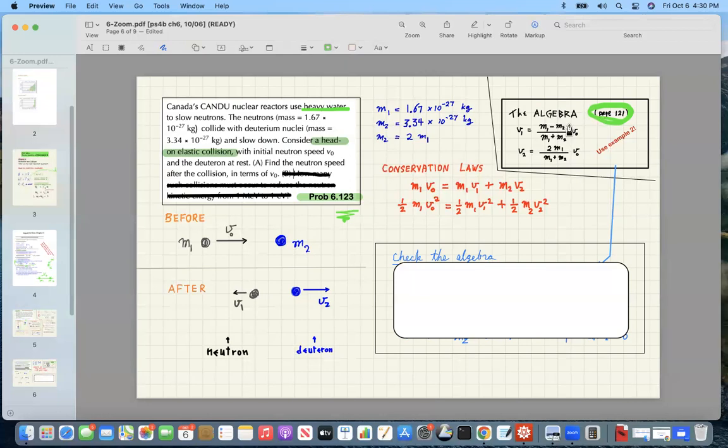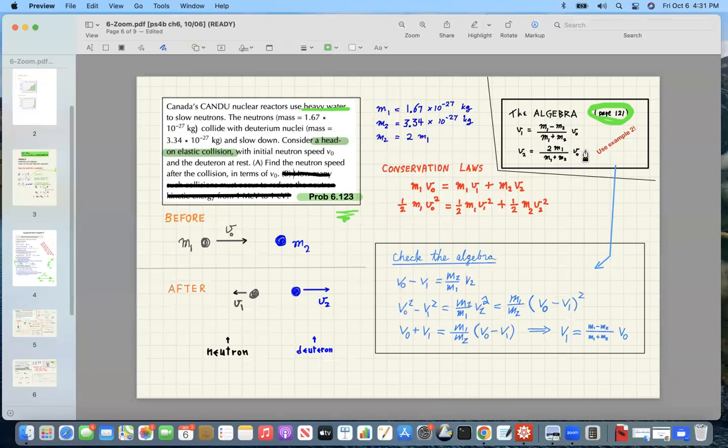If you want to see where these equations come from, I don't know if they're explained in the book, maybe they are, but it's not too difficult to see that these equations just follow from these conservation laws. We can just check the algebra on that. If I move this to the other side of the equation and divide out m1, then I get v0 minus v1 is m2 over m1 v2.